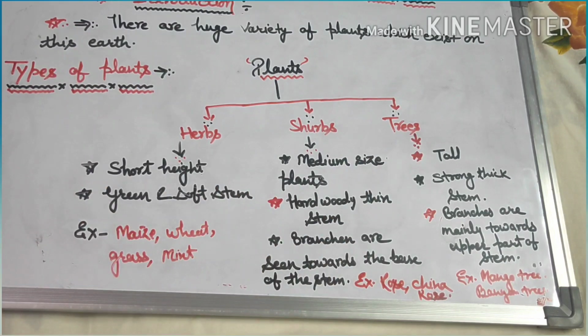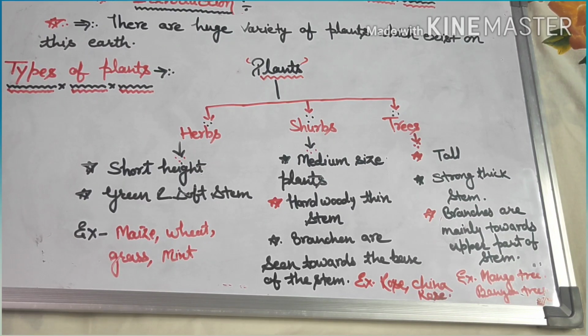Even the branches of the trees are quite thick. And one more thing, branches are mainly towards the upper part of the stem. For example, mango tree and banyan tree are examples of trees. Now I hope you understood the difference between herbs, shrubs and trees.